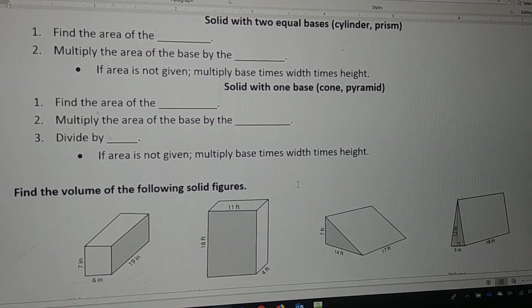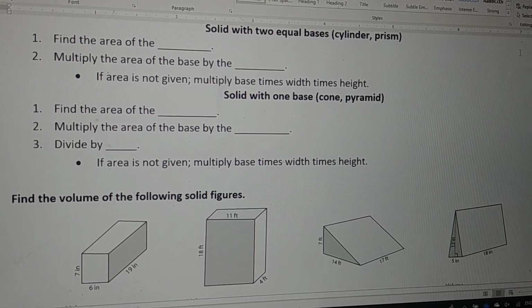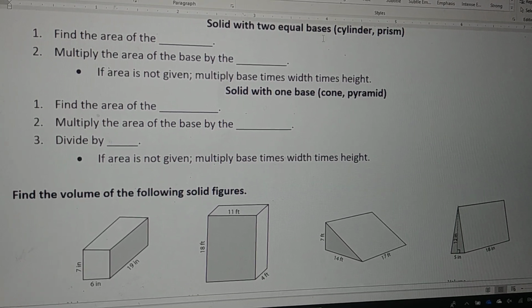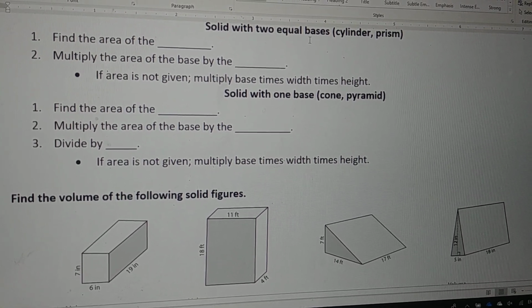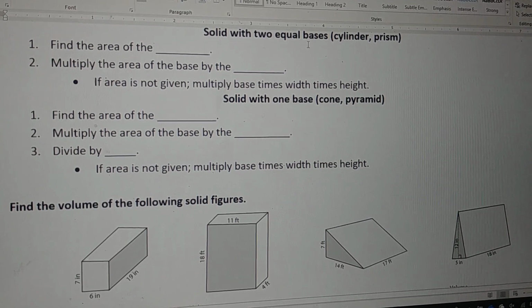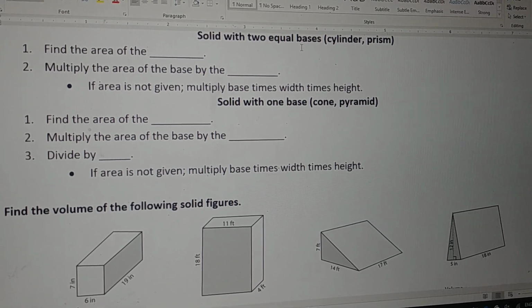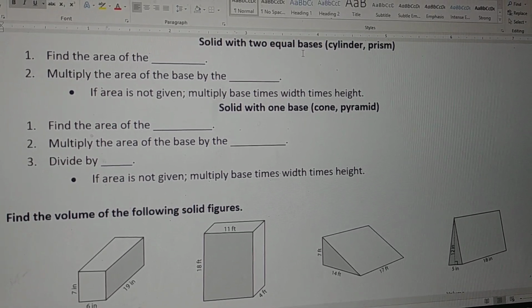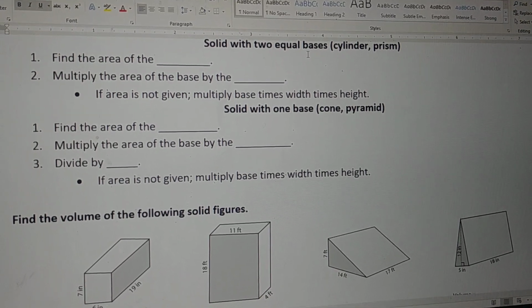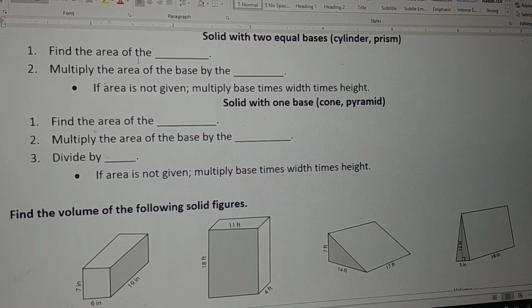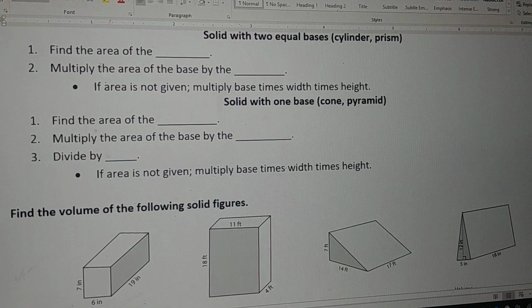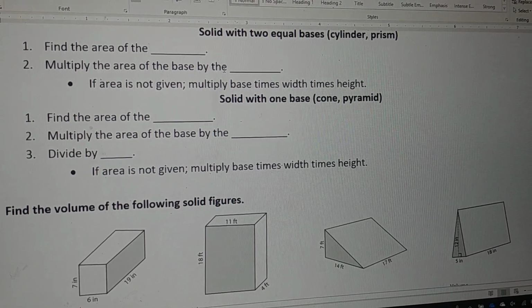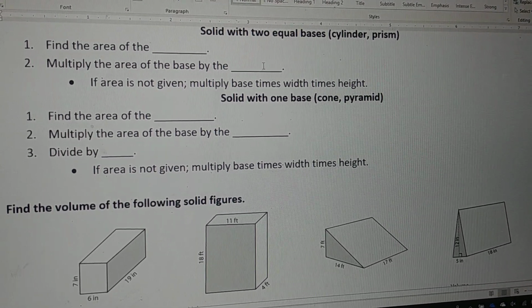So how to find volume of solid figures with two equal bases. Those will be like finding volumes for cylinders and prisms. So first step is to find the area of the base, then multiply the area of the base by the height.